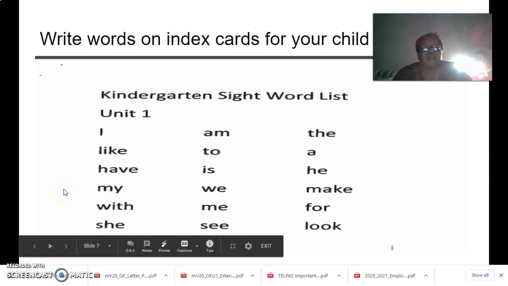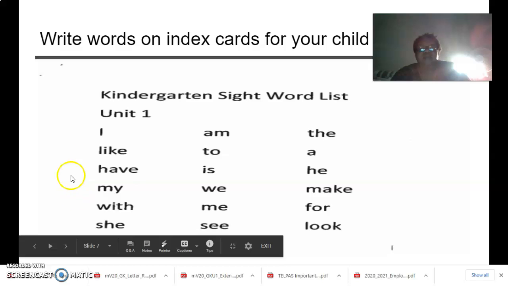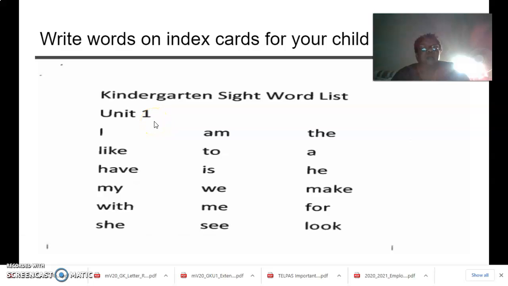Okay, here's some of our sight words. Our words this week are like, to, and a. And then since we're reviewing Unit 1, we'll go over Unit 1 words and also Unit 2 words. Ready?